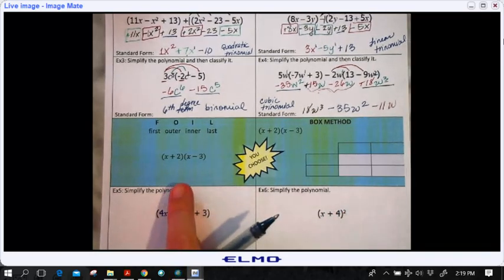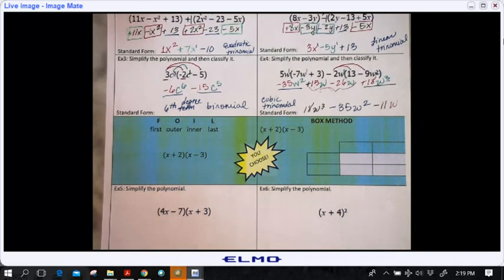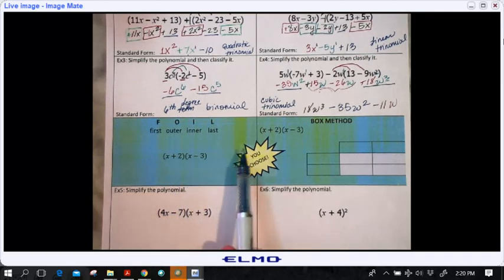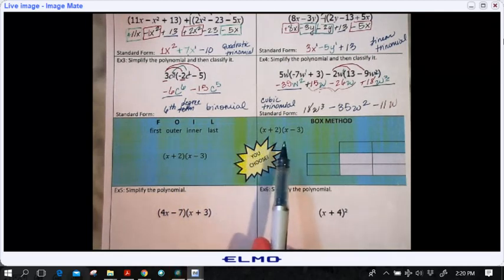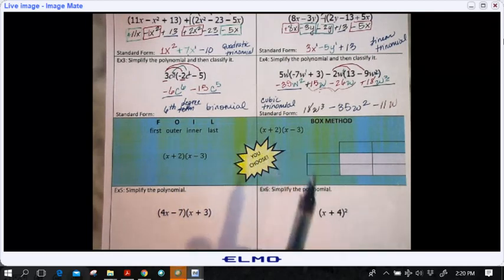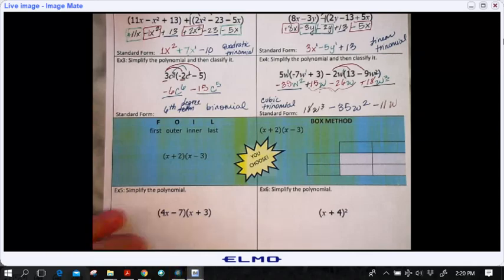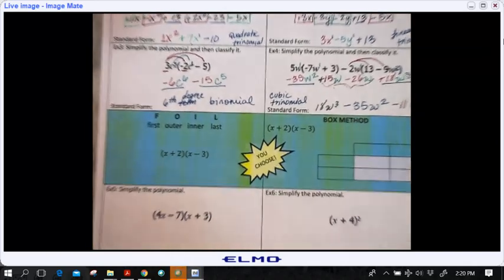The FOIL method is a little bit more algebraic if you're able to keep yourself well organized. Okay, so I have the same problem, x plus 2 and x minus 3. And we're going to solve this same equation using both methods. All right, so I'm going to zoom into FOIL method first.